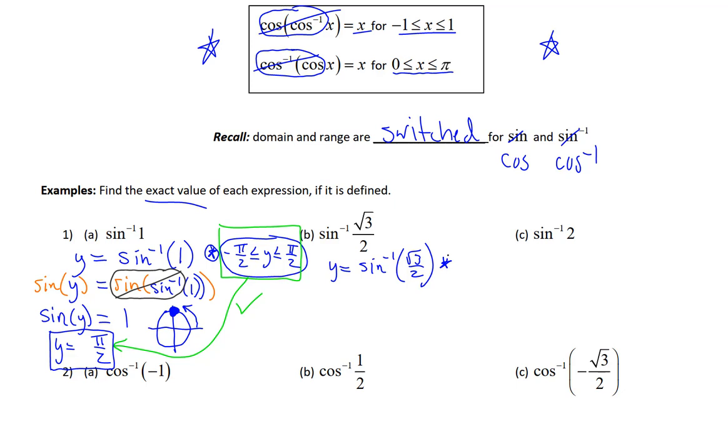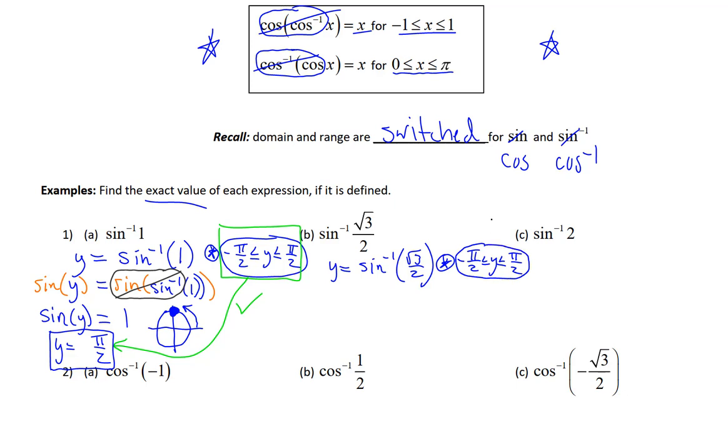Because y is now the output of a sine inverse function, y has to be within the range of sine inverse, which, to remind us, it's a good habit to write out, means y must be between negative pi over 2 and positive pi over 2. So we have that restriction for y.